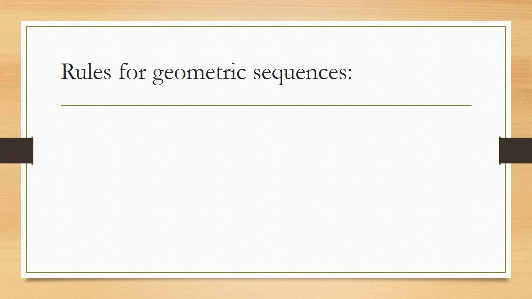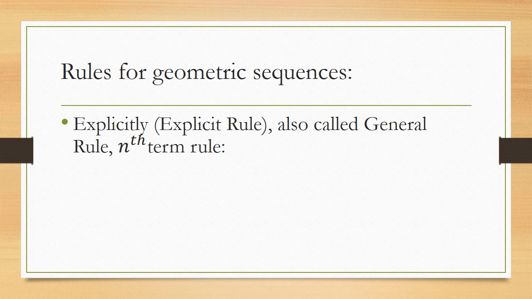Now let's talk about the rules for geometric sequences, the same way we talked about the rules for arithmetic sequences in the previous video. We have the explicit rule, which is when we write the geometric rule explicitly, and it's also called the general rule or the nth term rule.